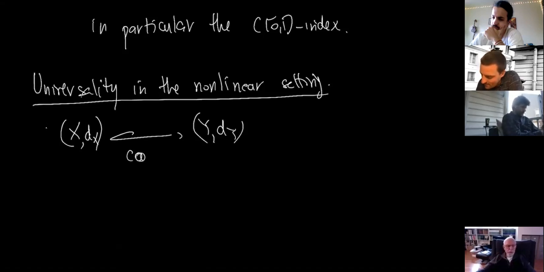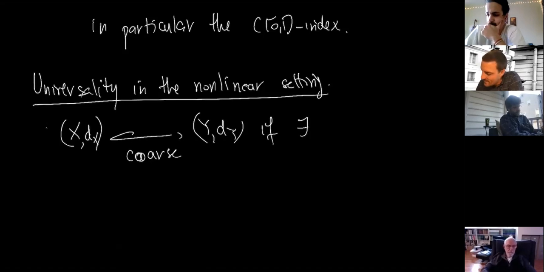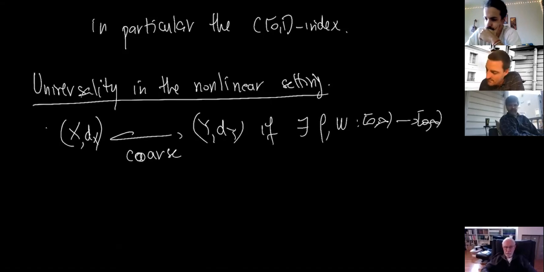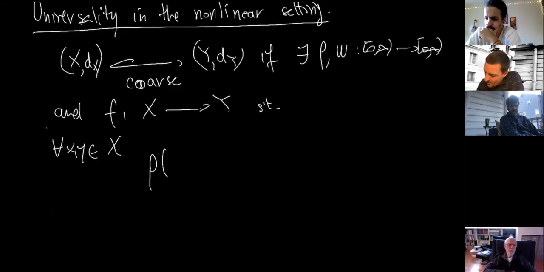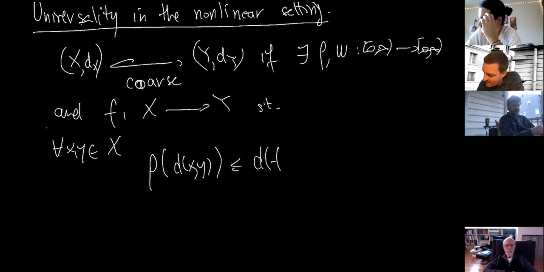If you have two metric spaces, X and Y, I'm going to say that X coarsely embeds into Y, and I'm going to use this notation, if there exist two non-decreasing control functions, rho and omega, and a map f from X to Y, such that for every x, y in X, I can control the distance between the images with these two control functions.